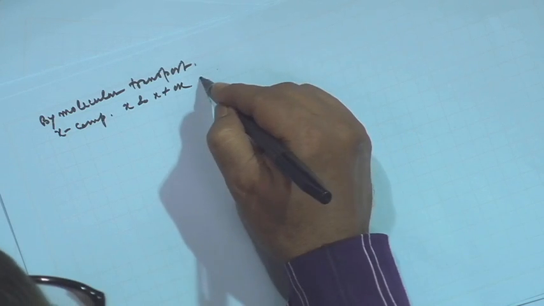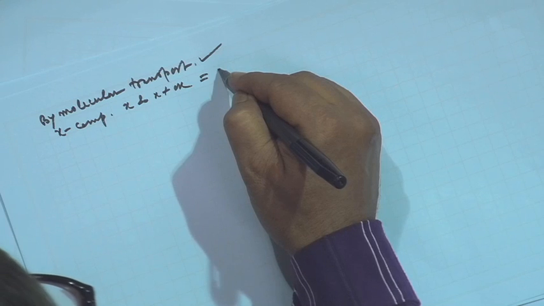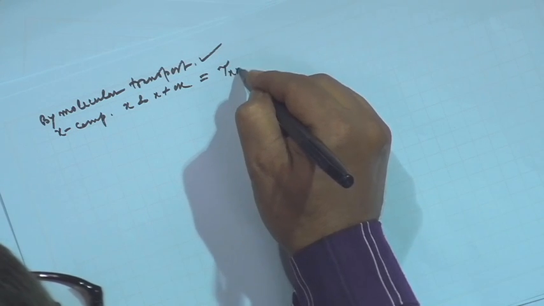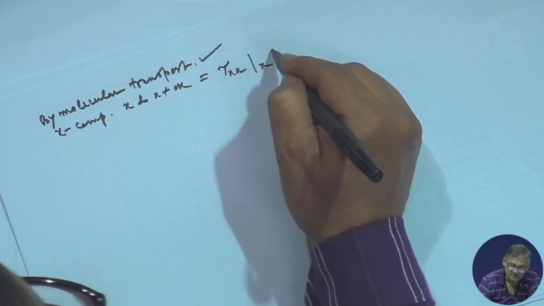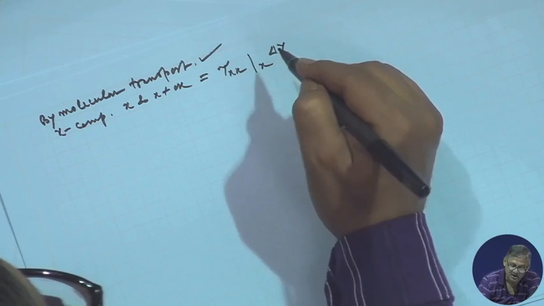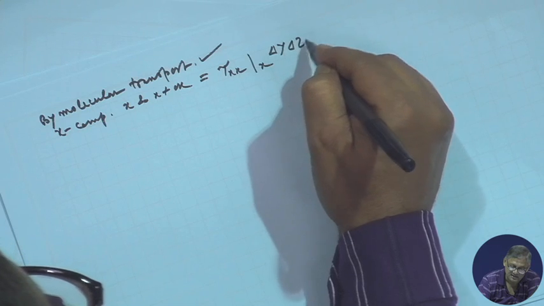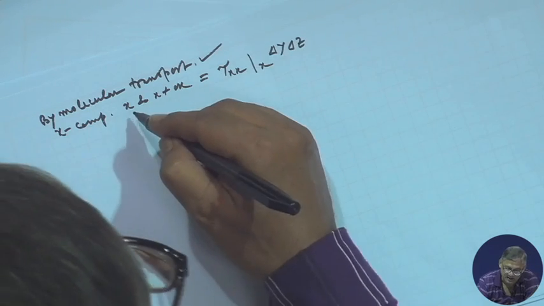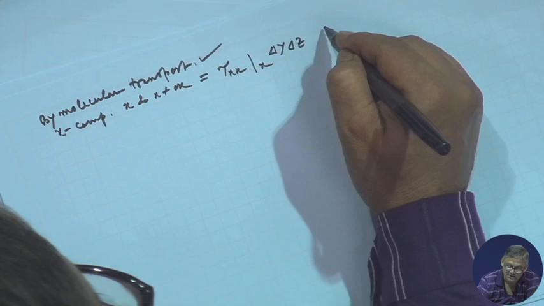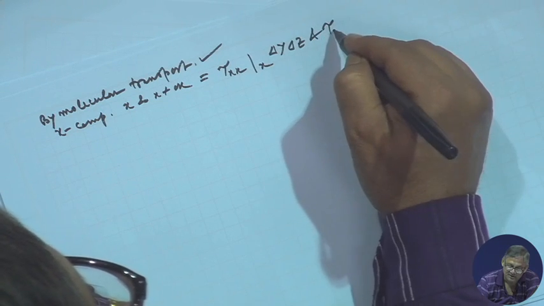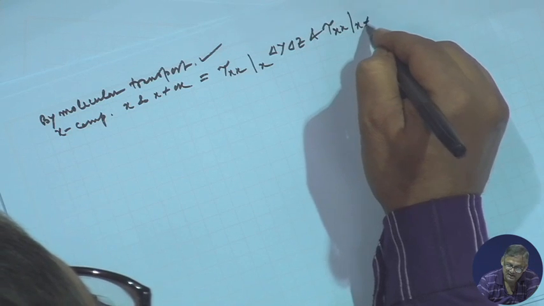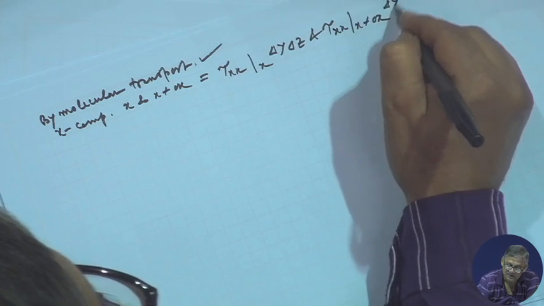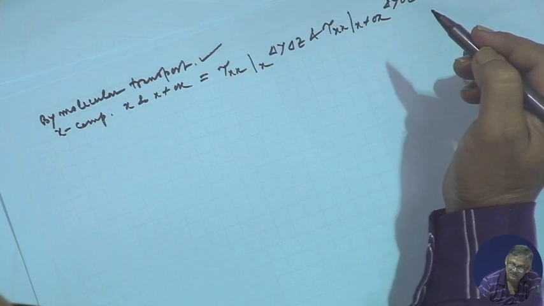By molecular transport, we can write it equals tau x x at the face x into its area del y del z. This was for the x face, and for the x plus delta x face we can write tau x x at the face x plus delta x into del y del z, right.